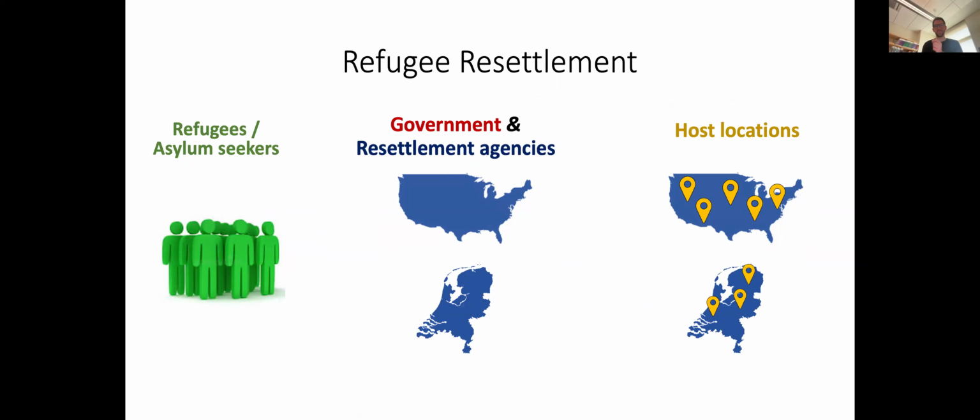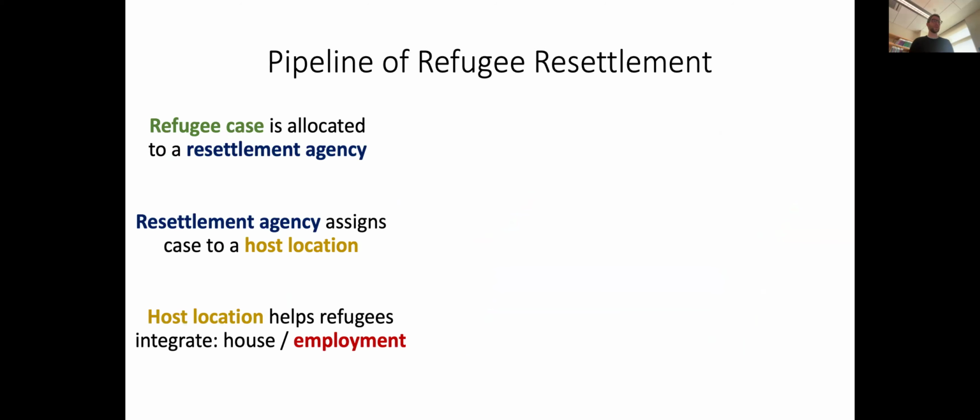Before I get to the specific algorithmic or computational question, let me start by talking a little bit about the pipeline. So we have refugees and asylum seekers that arrive to a given host location, in this picture here, the US. And then we have government or non-governmental resettlement agencies that make a decision about which host location should take in the refugee or the asylum seeker.